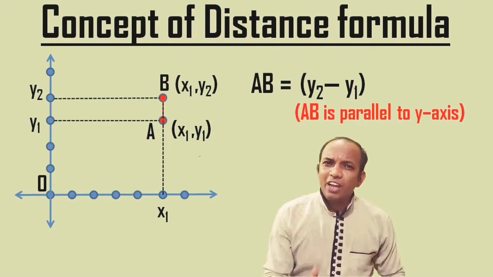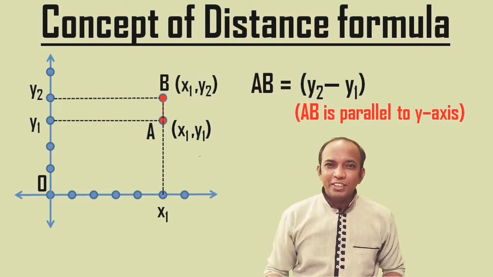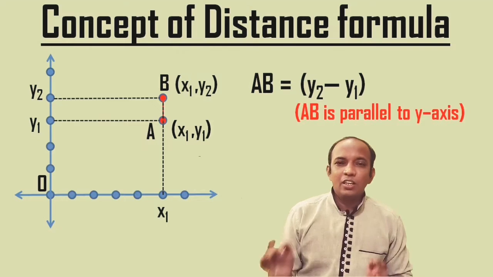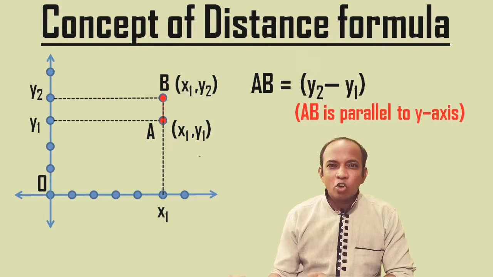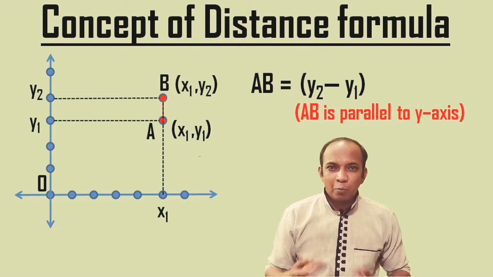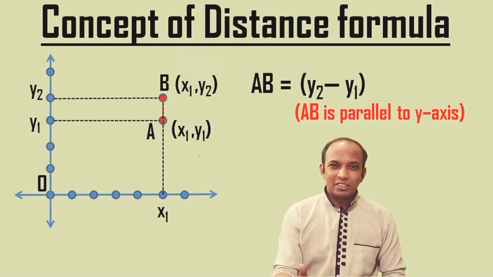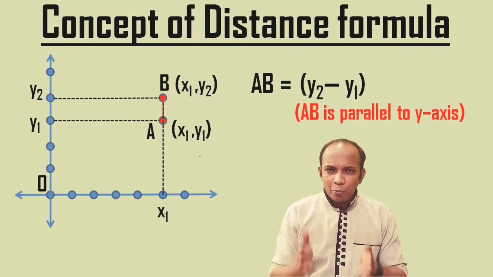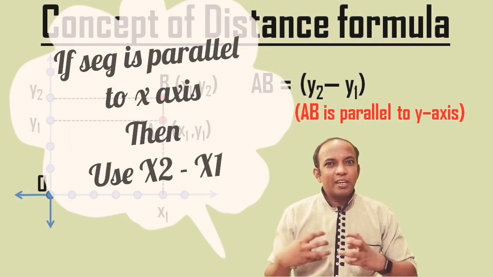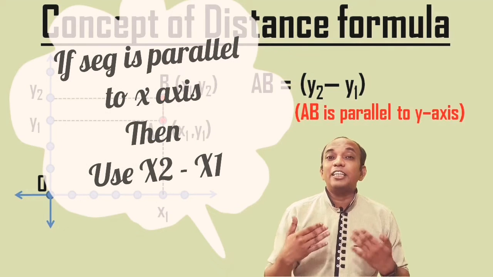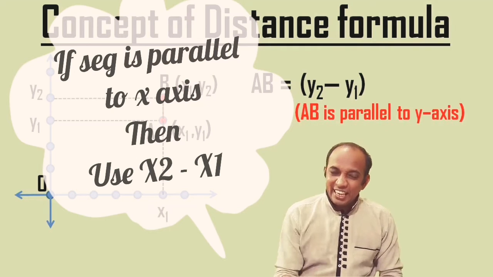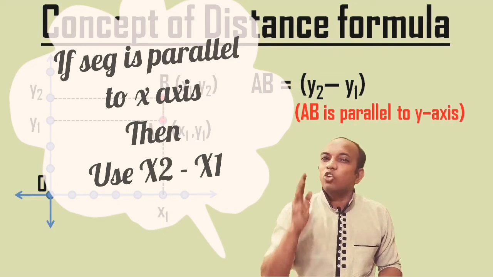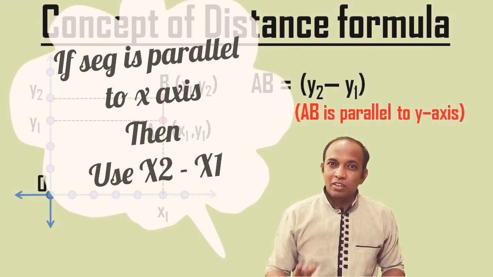So in short, to calculate the distance between any 2 points which are present on the axis, we do bigger coordinate minus smaller coordinate, provided that they are on the same axis. Second, to find the distance between points making a segment parallel to the x-axis, we find the difference between their x coordinates, that is x2 minus x1.